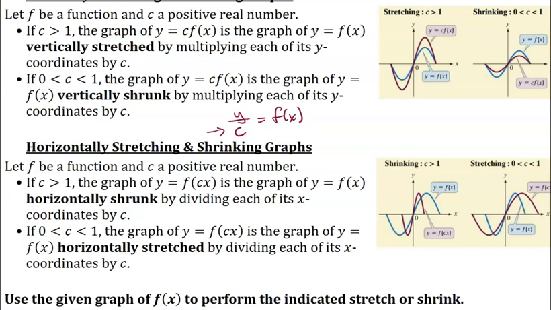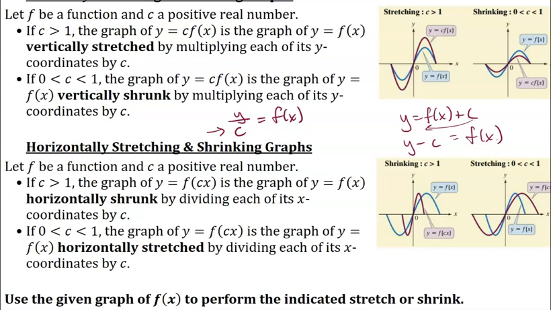And here we are dividing. The thing is, though, we usually isolate y when we write things in function notation, which is why that c gets multiplied by the other side. Same thing with the adding or subtracting. When I had, like, y equals f of x plus c, really that would be y minus c equals f of x, if we subtract that to the other side. So that shows us that we are shifting the y coordinate, not the x coordinate, because x coordinate shifts happen on the inside.